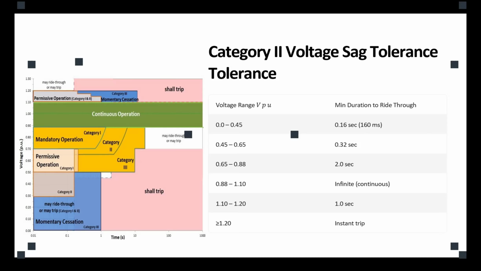Now, if you have 88% of the nominal voltage up to 1.1, so minus 12% plus 10% deviation from nominal voltage, we don't consider it a fault. You have to keep going even if it happens for an infinite amount of time.